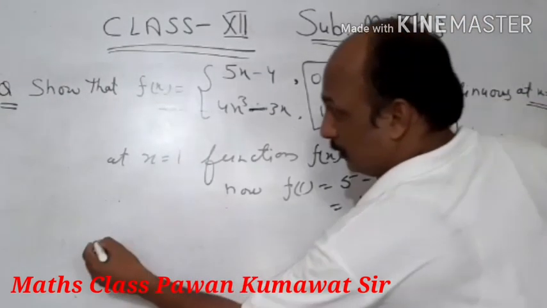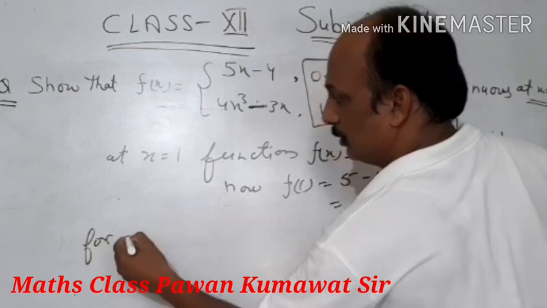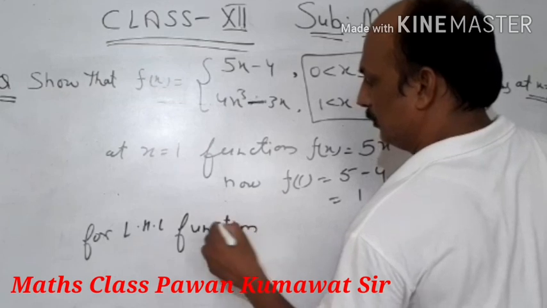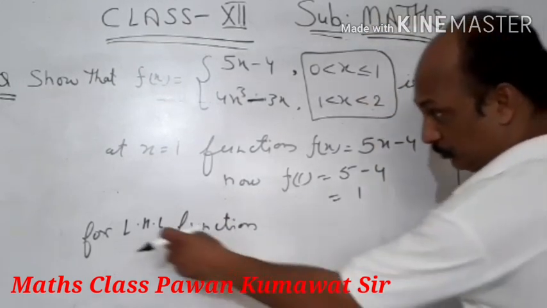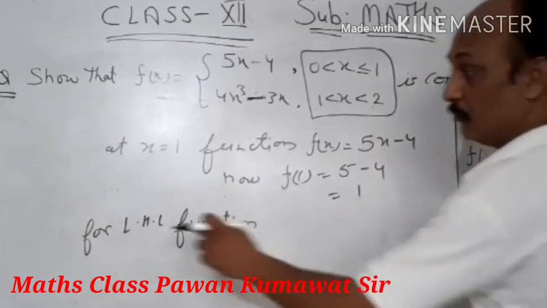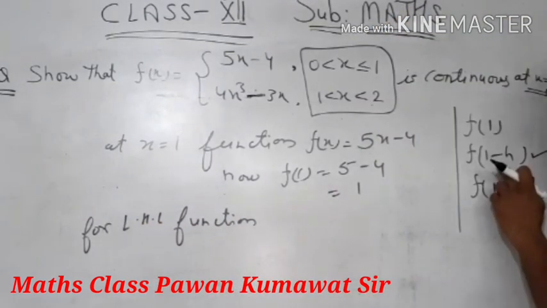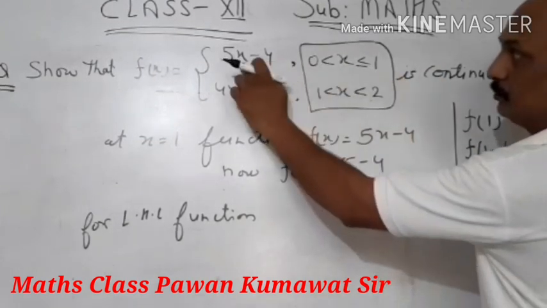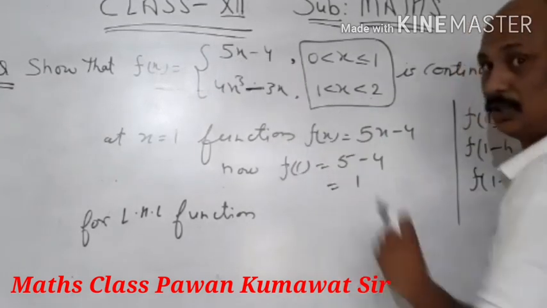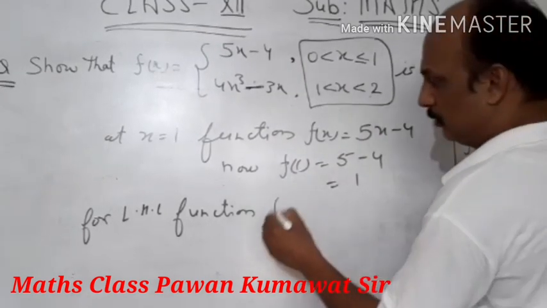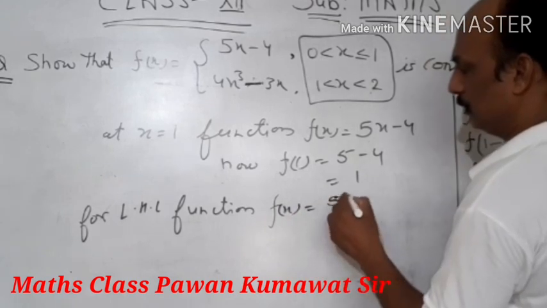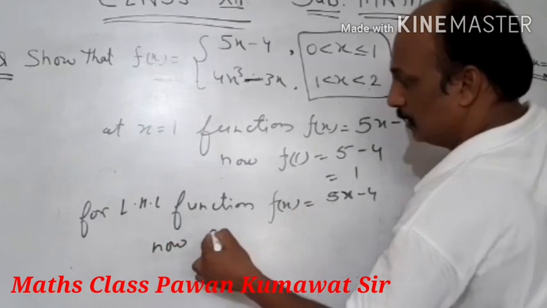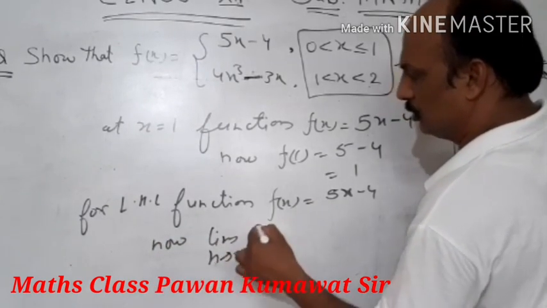Similarly, we find it for the LHL function. First of all, select the function for LHL. For LHL, x is less than 1. In which case is x less than 1? Here also. So we select this condition. Now, f(x) is equal to 5x minus 4. Now, limit h tends to 0 of f(1 minus h).